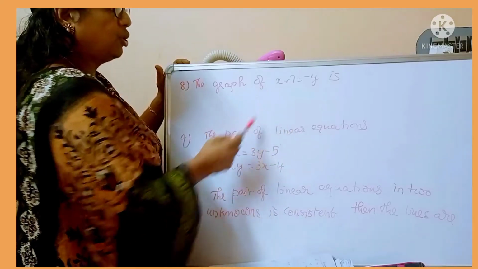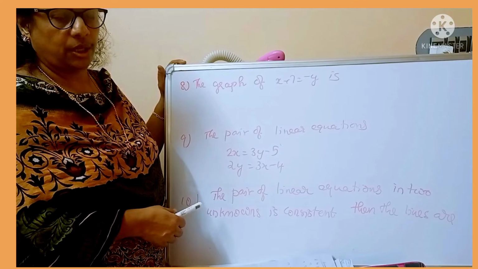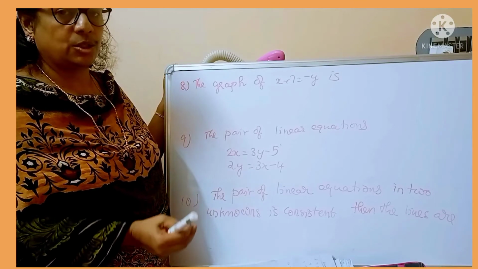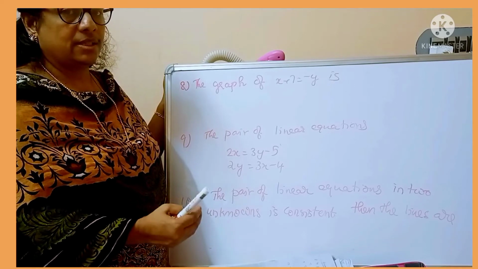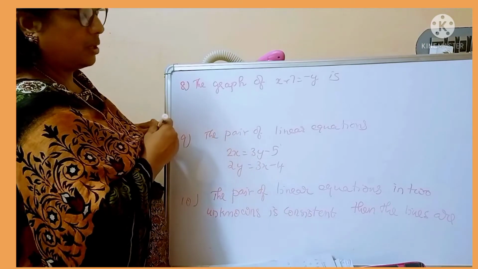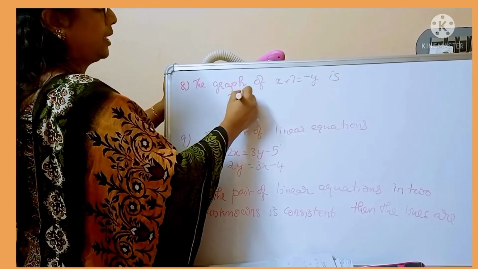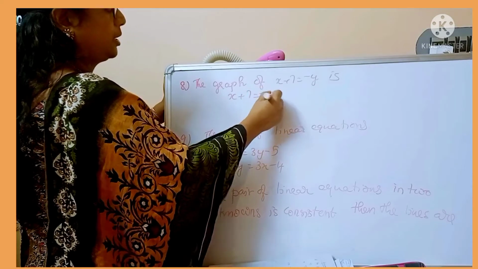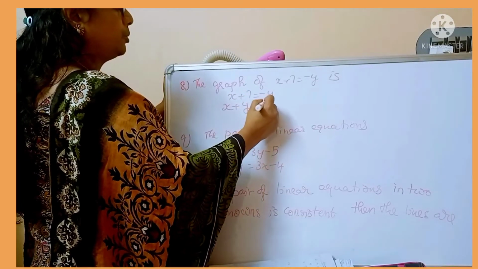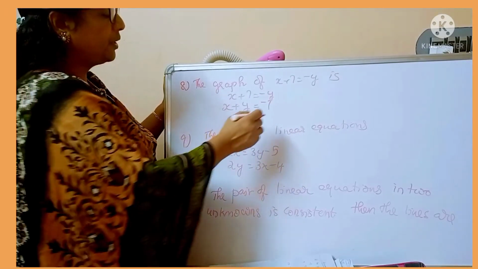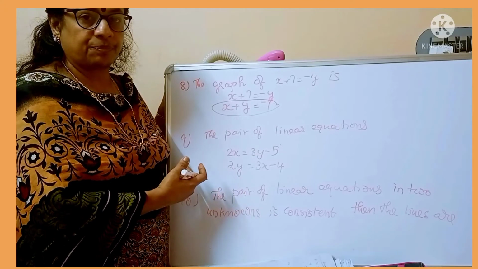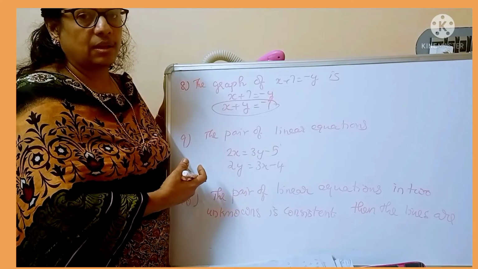Okay. Graph of x plus 7 is equal to negative y. Which type of equation? Is it parallel to the x-axis, parallel to the y-axis, or a slant line? So here, how can we find out? x plus 7 is equal to negative y, so we can write x plus y equal to negative 7. If we give different values for x, we will get different values for y, then we will get a line.